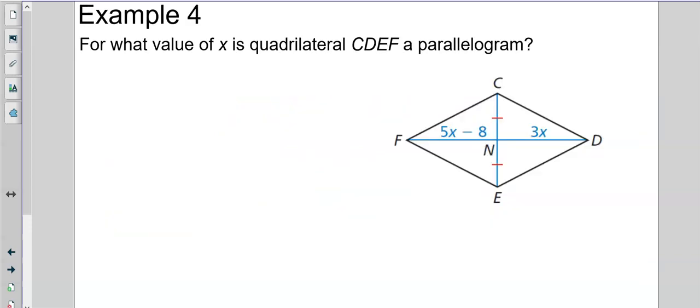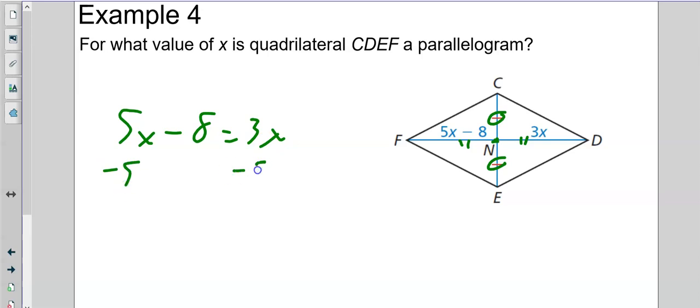All right. For what value of x is the quadrilateral a parallelogram? Well, we see that these two are equal to each other. Therefore, these two must be equal, because this is the midpoint, to make this a parallelogram. So I just have to say 5x minus 8 equals 3x.